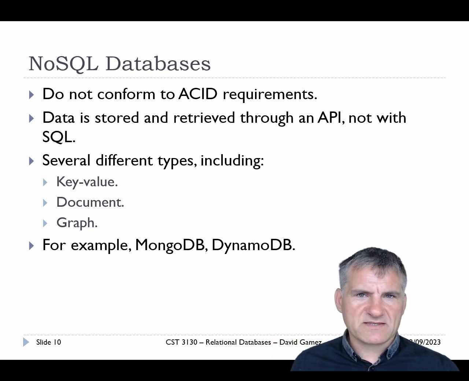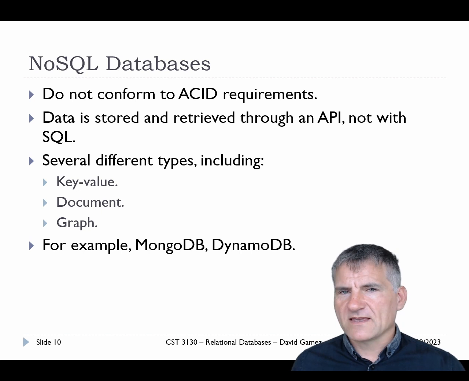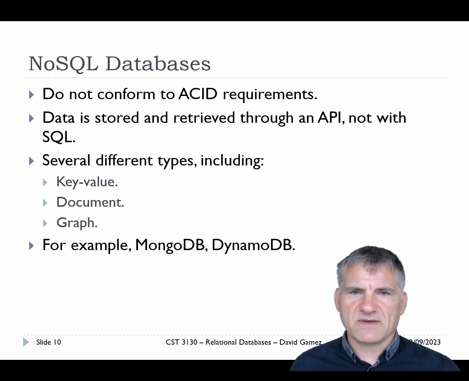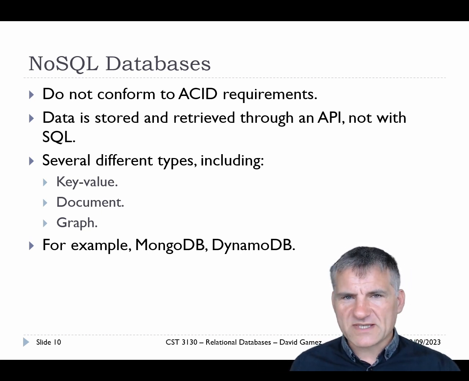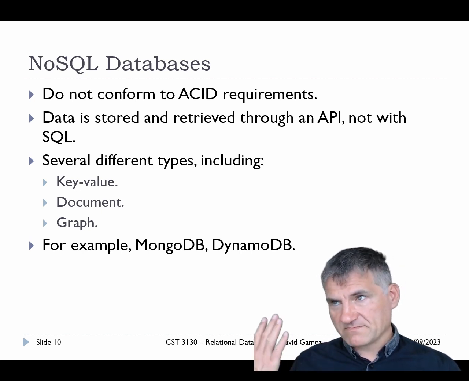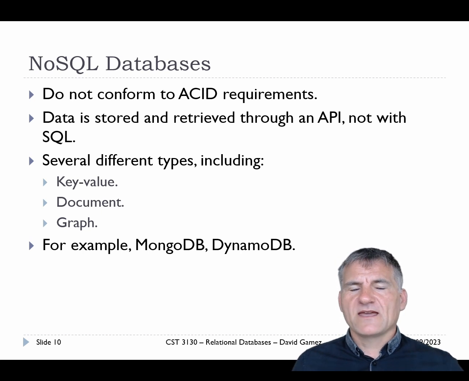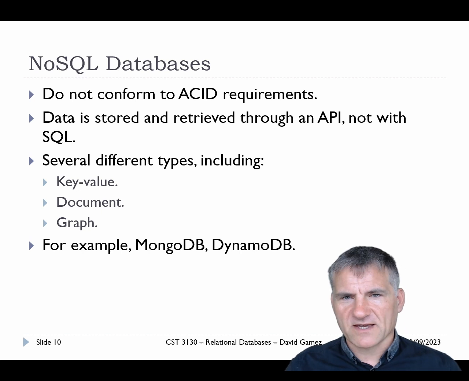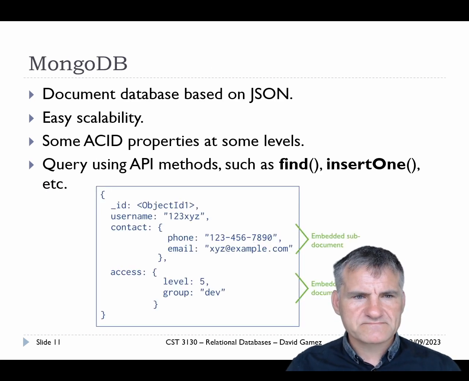A number of different types have been developed: key value, such as DynamoDB, which is covered in coursework 2; document databases, such as MongoDB, which was covered in second year; and more esoteric ones like graph databases, and specialized ones that are used for natural language processing.